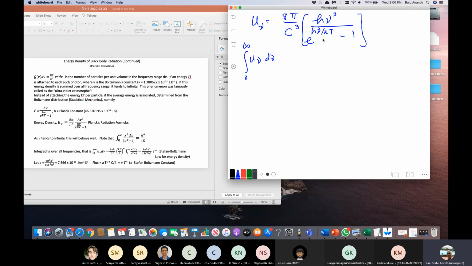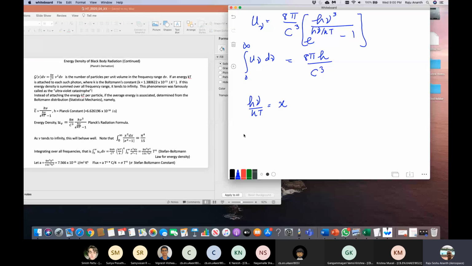Very interesting here, but how will I do that? So 8 pi h over c cubed. I'm going to assume h nu over kT as x. So here, what happens here?